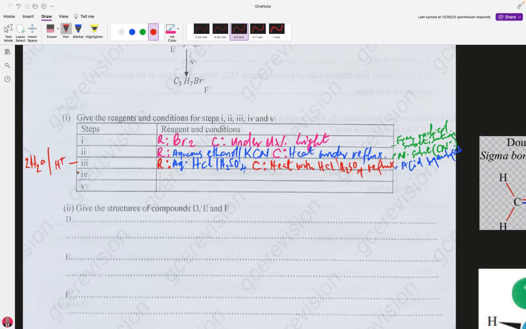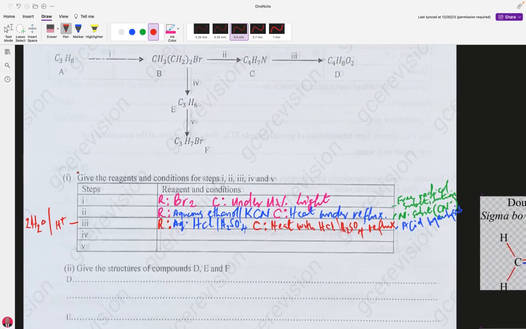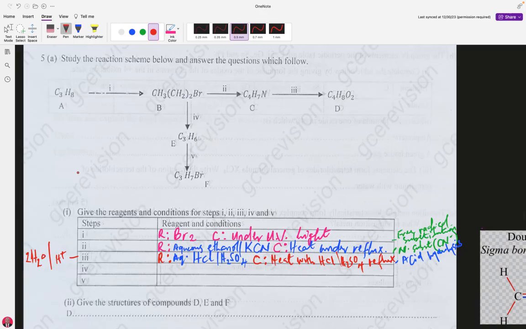Okay, let's go to number four. Number four is how can we convert a haloalkane like this one, bromopropane, to an alkene, this is ethene. How can we do this?